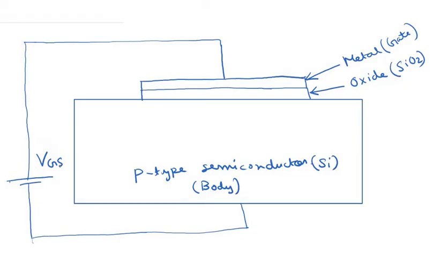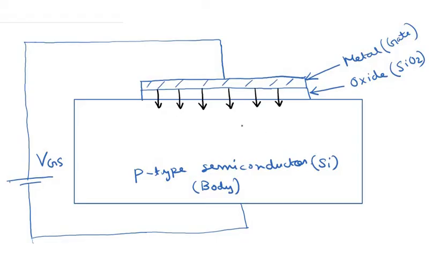Now if we gradually increase VGS, the potential of this metal layer would increase, and so this metal would generate an electric field that would impinge on the body. There is an electric field here that is impinging the body. This electric field is vertical and directed downwards.